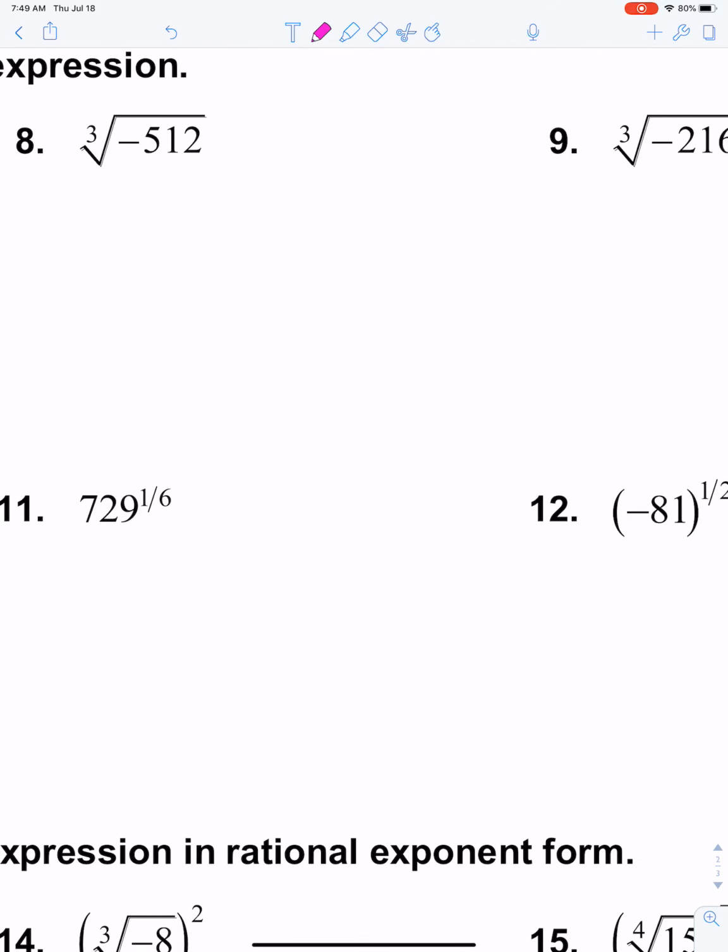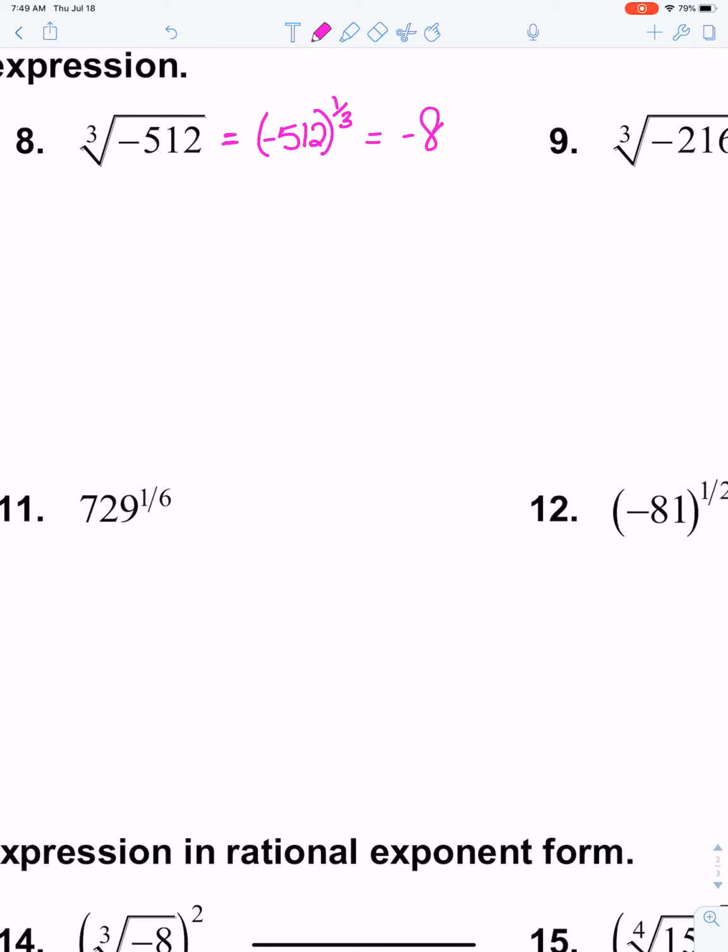Number 8 is the cube root of negative 512, also rewritten as parenthesis negative 512 to the 1/3 power. Don't forget those parentheses, they are so important. And the third root of negative 512 is going to be negative 8.